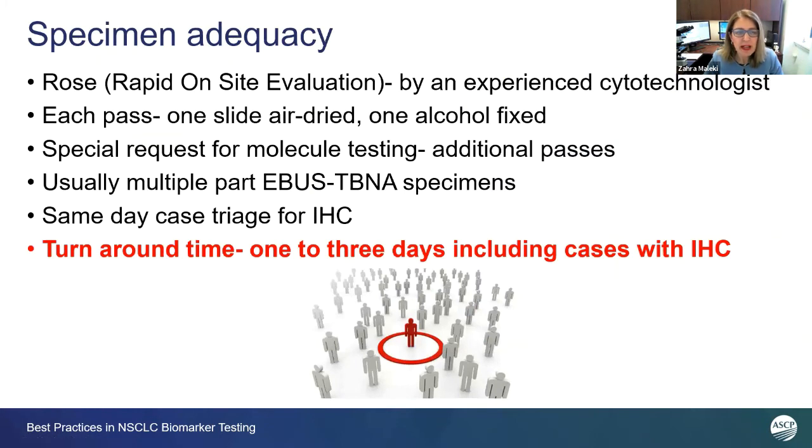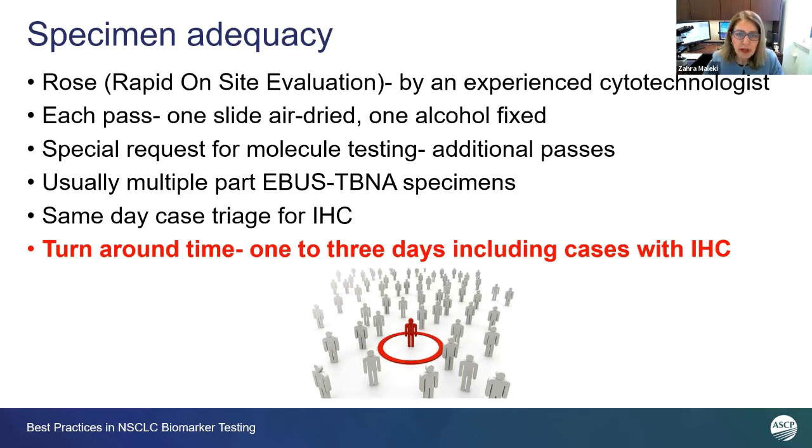So specimen adequacy is the most important thing. As Dr. Yarmus mentioned, we use rapid on-site evaluation, which is done by experienced cytotechnologists. Any cytotechnologist before starting EBUS should undergo extensive additional training at the hospital to become familiar with all steps and also be very efficient.